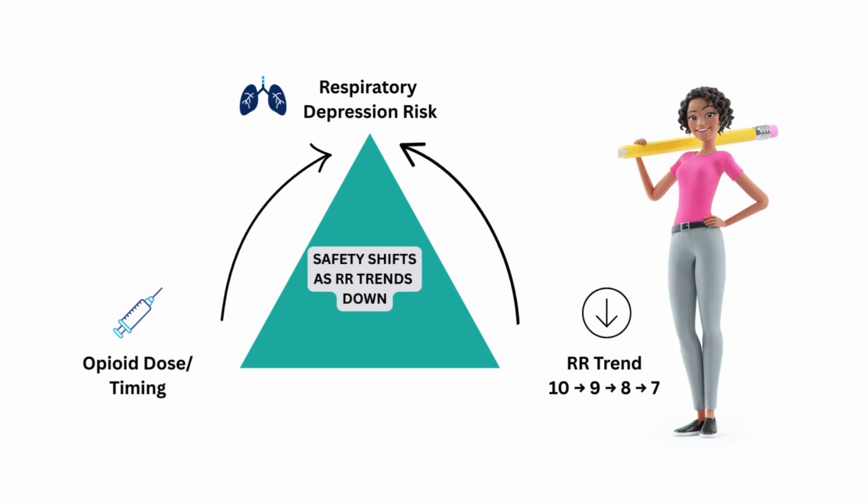In this visual aid, Tessa is showing us the opioid safety triangle. Being opioid-naive, which is somebody who's not taking opioids on a regular basis, having a low respiratory rate, and a borderline SpO2 all combine to add up to a major safety risk.